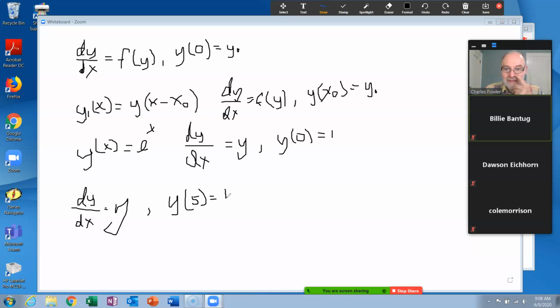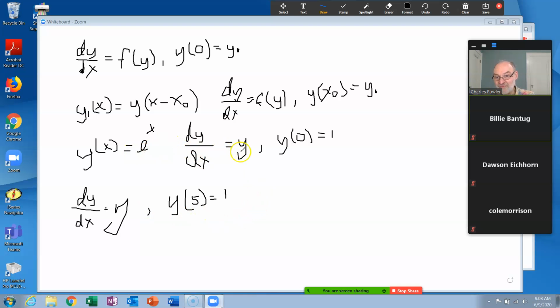What you see here is a different initial condition, and what this thing up here tells us is, if you have the same differential equation with a similar initial condition, the only difference being you've translated the x value so many units right or left, then this should produce a solution.